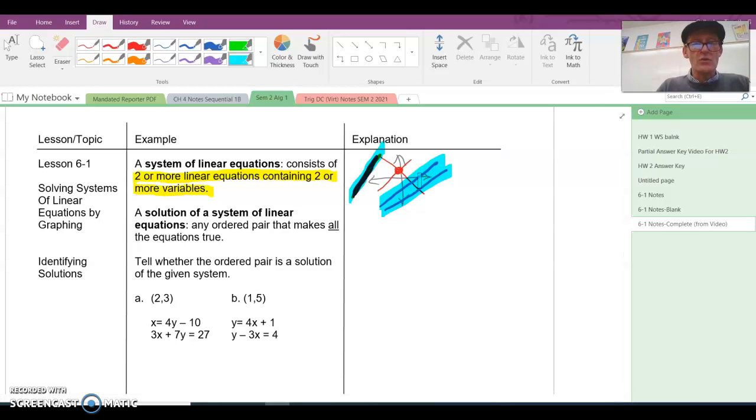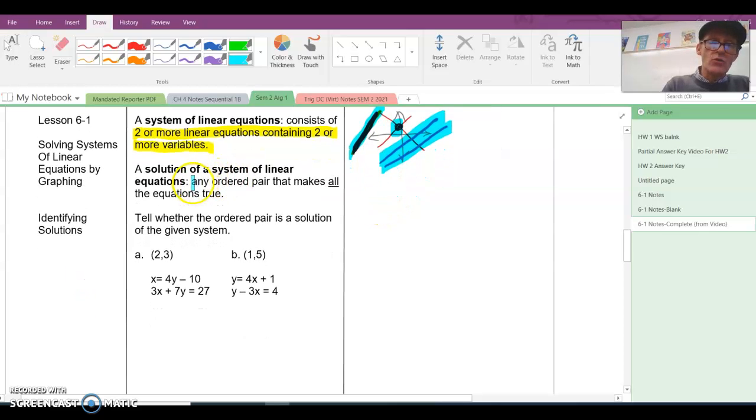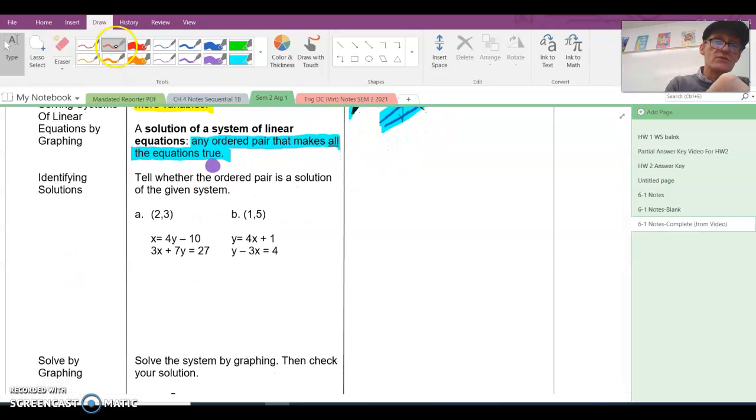So a solution is an ordered pair that's common to both equations. There's an ordered pair that makes both equations true. So what you have to do is substitute the x and the y into both of these equations to see if it's true.